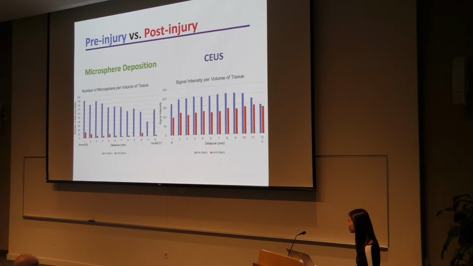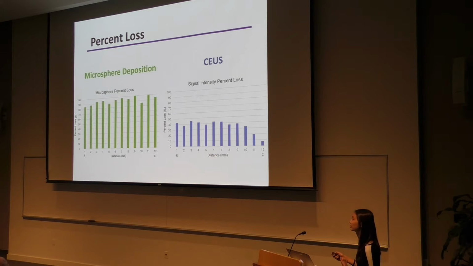For results, as you can see on the left here, the microspheres decreased dramatically after the injury, and as for the ultrasound data, the signal intensity also decreased, but not as drastically. In order to have a better comparison, we calculated the percent loss from both sets of data.